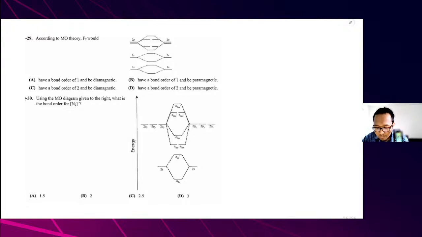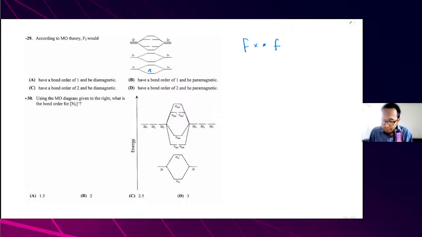F2 would have a bond order of 1 and be paramagnetic.